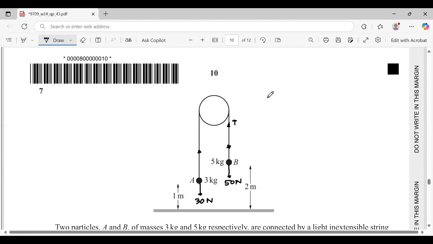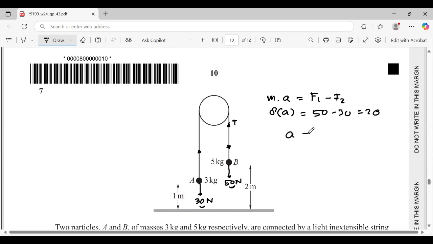So I would like to use m times a equals F1 minus F2. This is F1 and this is F2. So it means 8 times the acceleration we are going to find is 50 minus 30, equals 20 newtons.